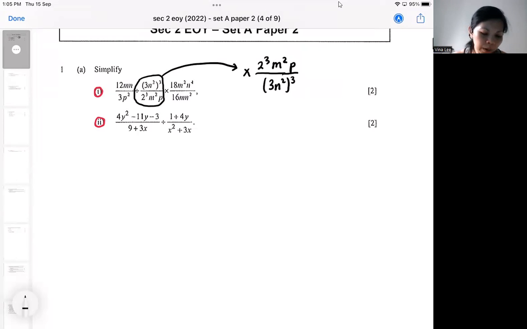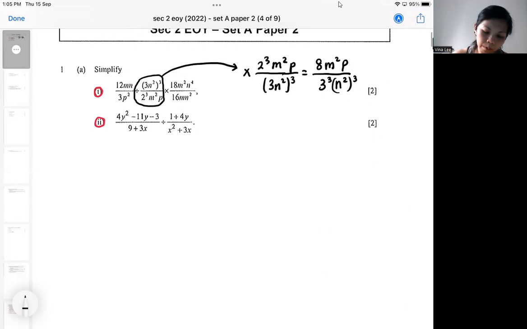You can do a little bit of side working. You can do it in pencil, so it will be easier. Do you realize I gave the power 3?